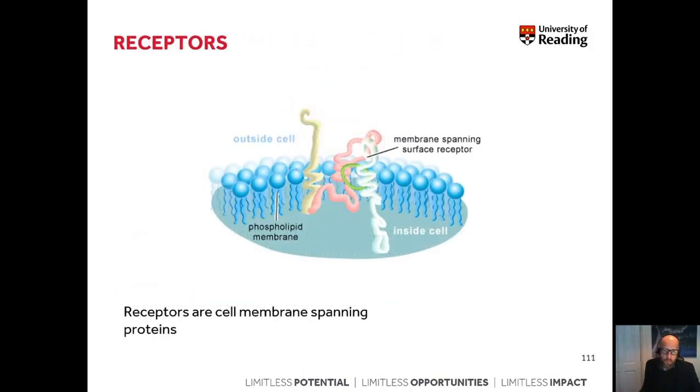For now, please remember that receptors are cell membrane spanning proteins. They usually have a part outside of the cell, and this is the portion of the protein where the ligand is binding. They have elements within the membrane, and they also have portions of the protein present inside the cell.